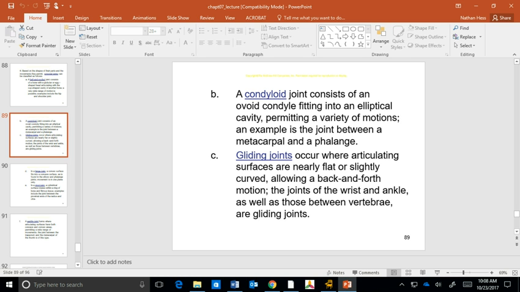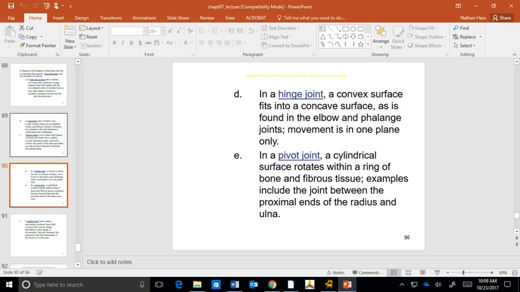That was in your lab, right? The gliding joints are pretty much flat, and so they allow just some back and forth movement. So the vertebrae are an example of that, there is some gliding that happens there, where they can move back and forth. Your wrist and ankles allow this motion of flexion and extension, bending and extending your wrist. Those would be examples of gliding joints.